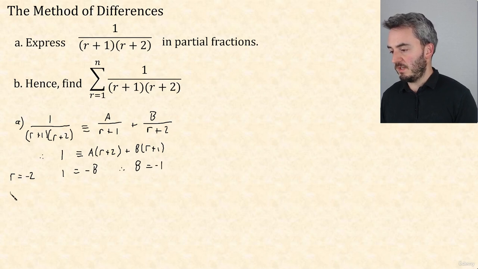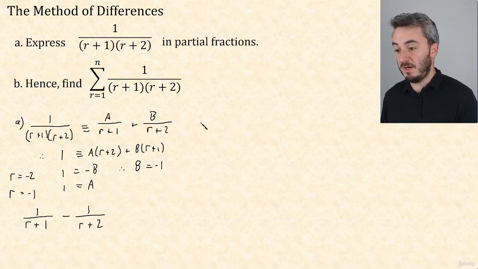And then when we set r equal to minus 1, we're going to get 1 is equal to 0 over here, and then r plus 2 is 1, so A is 1. So in partial fractions we have 1 over r plus 1 minus 1 over r plus 2. Standard kind of setup ready for method of differences.